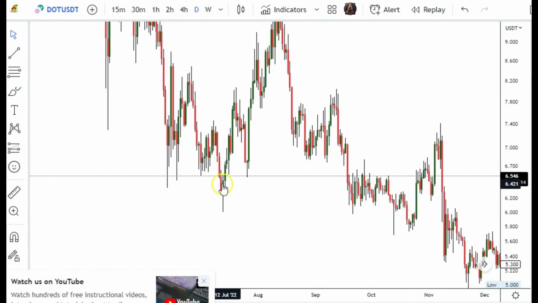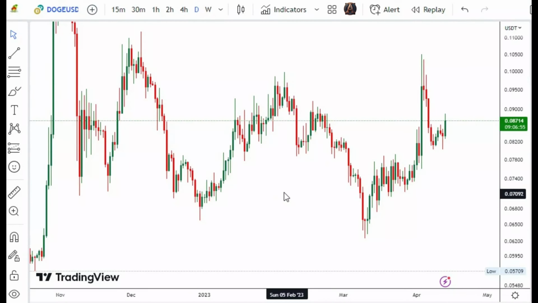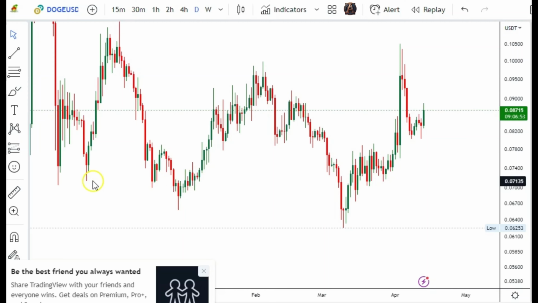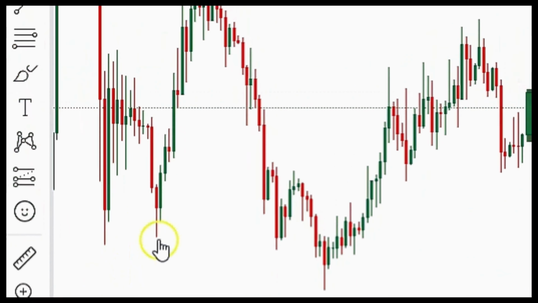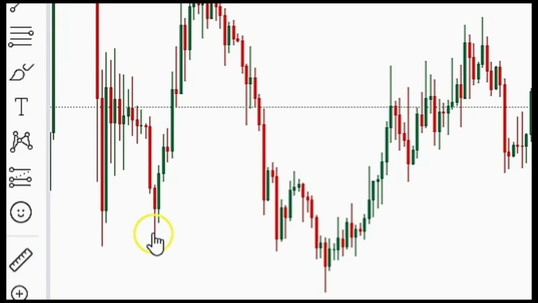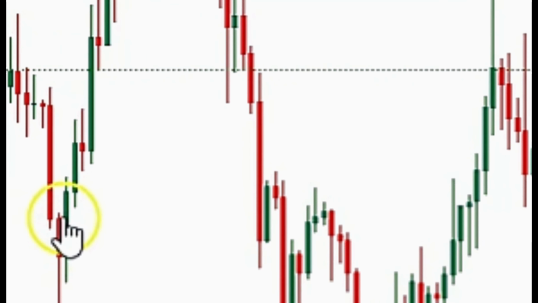The confirmation candle is a bullish candle that's closed above the body of the hammer candlestick, and a very good bullish trend has formed. In the next chart, it can be seen that a hammer pattern has appeared here again, and the confirmation candle is an ascending candle.